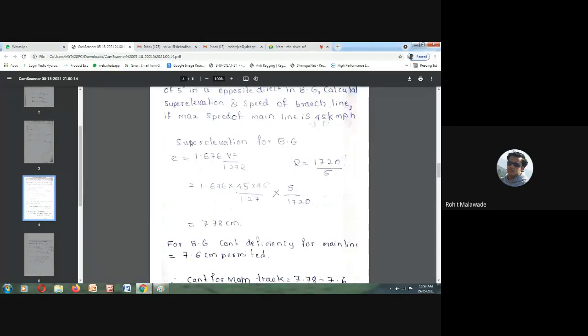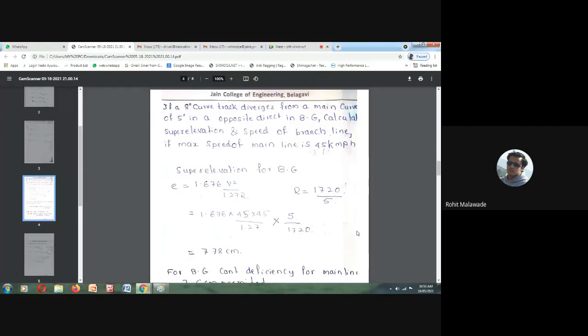But in order to find the super elevation of the main line, I want the value of R. So what is the value of R? How can I calculate it? D is equal to 1720 divided by R.